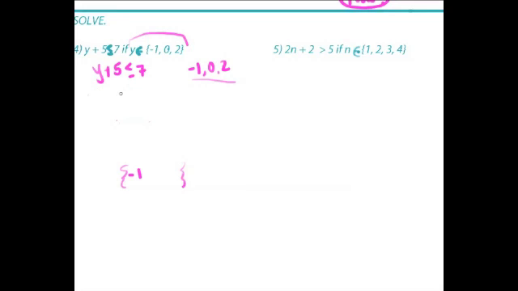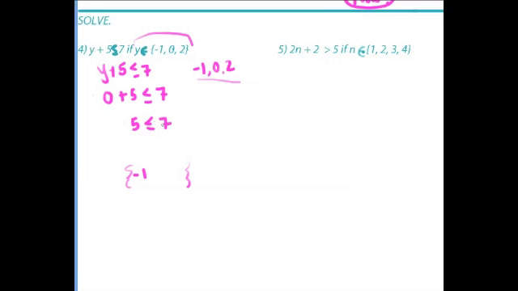So instead of y, this time I'm going to plug in 0 because that's my second number. 0 plus 5 is less than or equal to 7. 0 plus 5 is 5. True or false statement? 5 is less than 7, right? So when I plug in 0, it works out. My 0 gets to go in there because that's what I plugged in to see if it worked out.